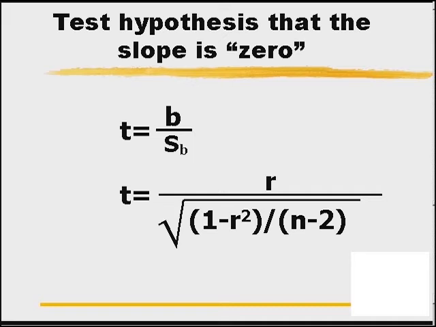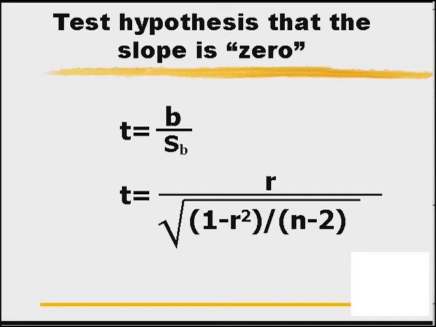So, in summary, we have shown you two different types of confidence intervals. The first confidence interval, the one that we did at the end of the last lecture, was the prediction of a specific y, or a specific estimate of the dependent measure for the population and for the individual.